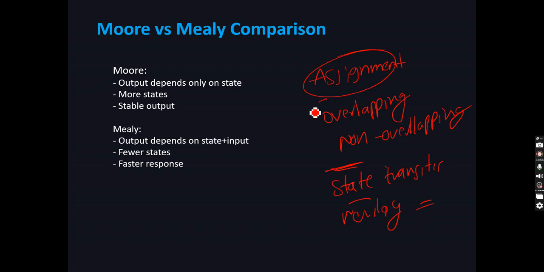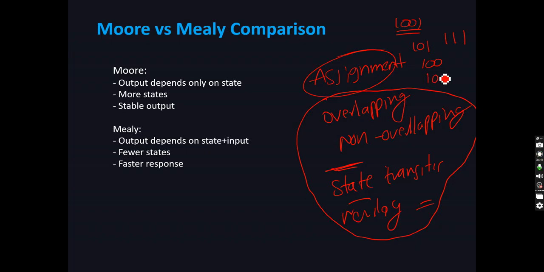I will provide some questions, but you practice more. We are working with the 1001 sequence. You can take 101 or 100 or 111 or 100111. Take as many sequences as you like, practice and analyze the waveforms. The more practice you do, the more analysis skill you will get.